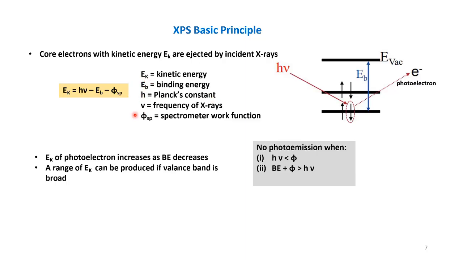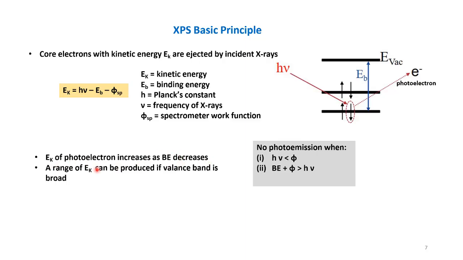H is the Planck constant, nu is the frequency of the X-ray, and phi Sp is the spectrometer work function. Using this formula, we can calculate the kinetic energy of the photoelectron. Ek increases as the binding energy decreases.